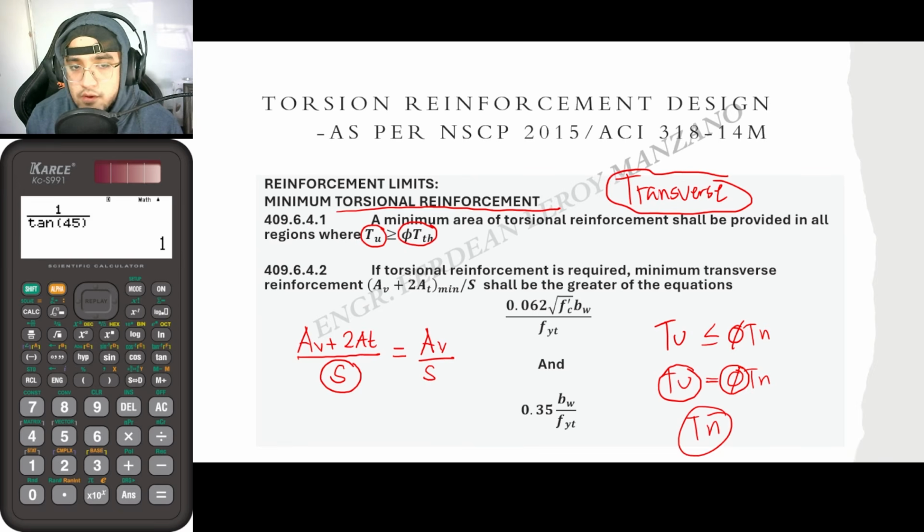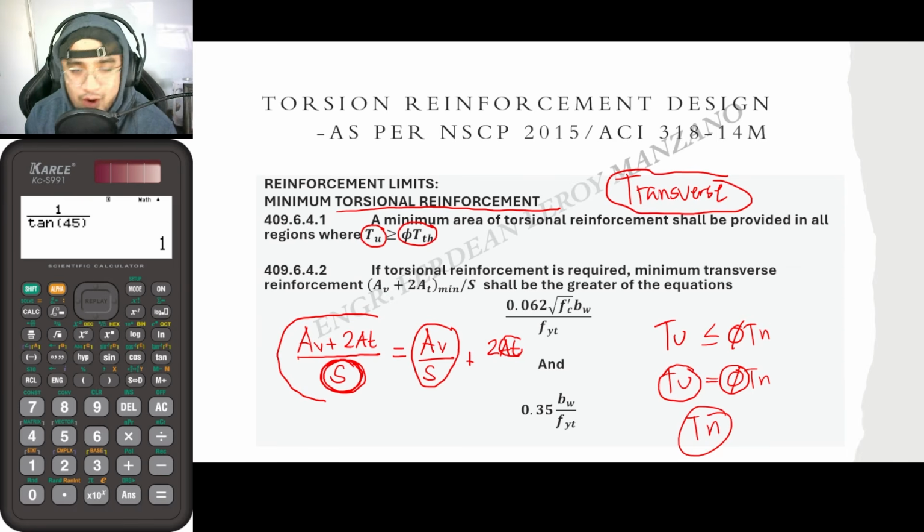So in order for you to solve for the effective spacing, you must first know how to solve for the spacing for the shear. Okay, so from that, AV over S plus AT over S, or this is now the area of transverse reinforcement for torsion, I should say. Sorry. So this is now the area of the torsion divided by the spacing that you have solved for torsion.